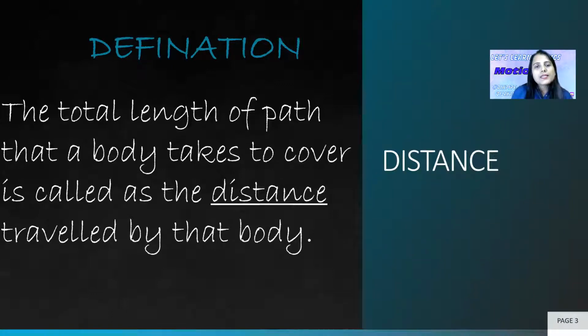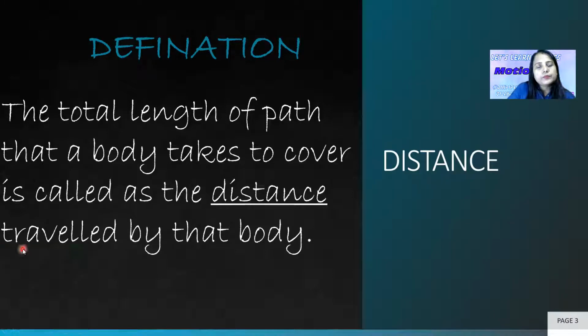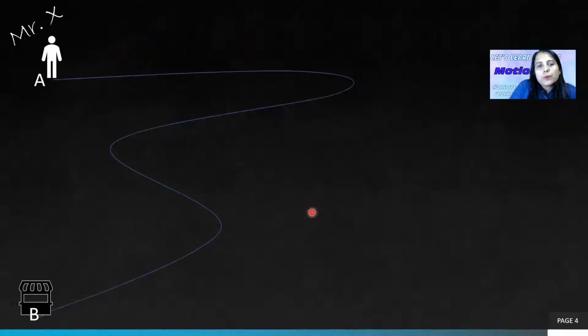Now, distance, as it is said, is the total path that a body takes to cover, or you can say the total path traveled by the body. The total length of the path that a body takes to cover is called the distance traveled by that particular body. So, if you take an example, Mr. X wanted to visit this ice cream parlor.